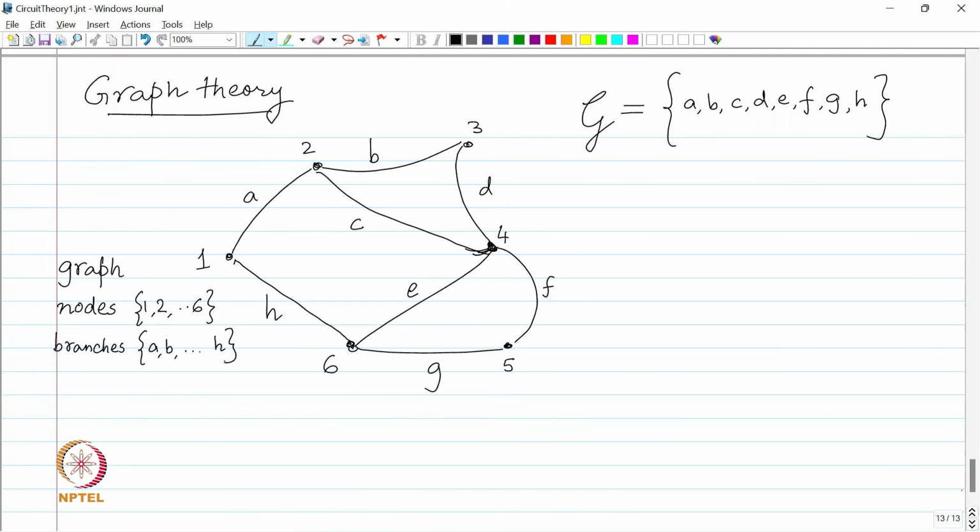Okay. So, the nodes are from 1 to 6, the branches in this case are from A, B, C, D, E, F, G, H. All right, this is called the graph.